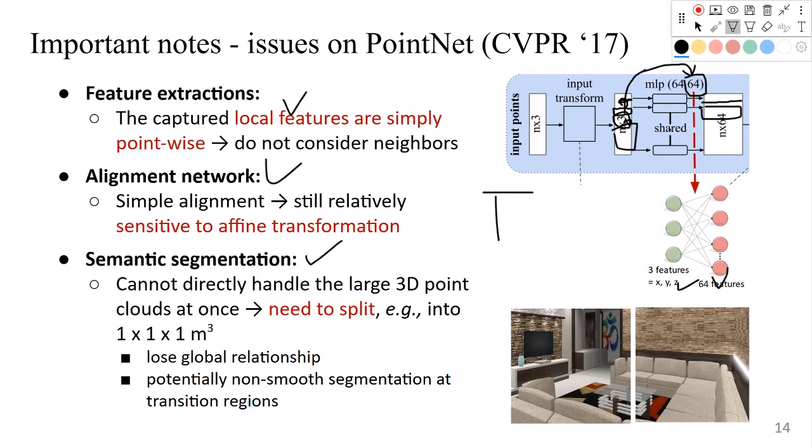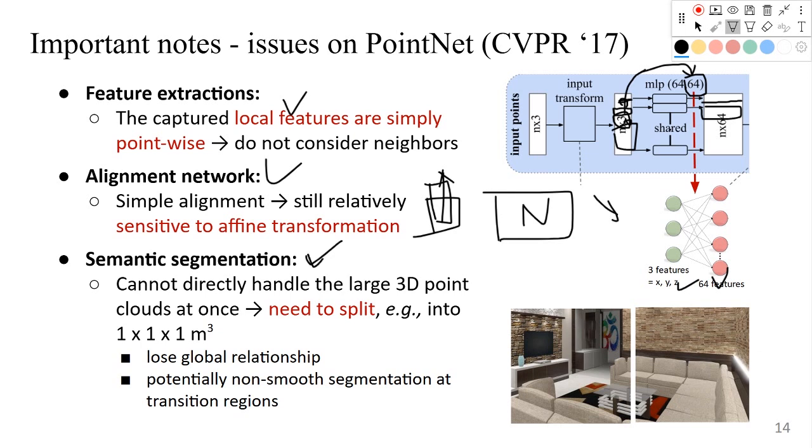For example, if we have a network and a dataset where all the chairs are aligned in this portrait direction, and later we have a new dataset with different poses, probably using the same network, the performance will drop because it is not really tolerant. So later we have other papers that address this better.